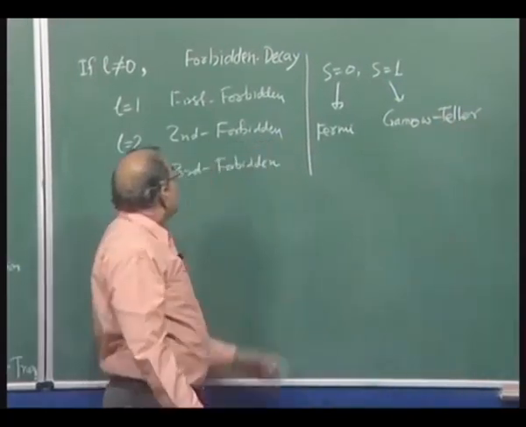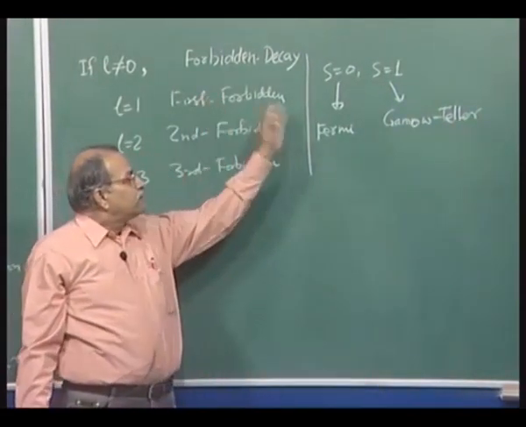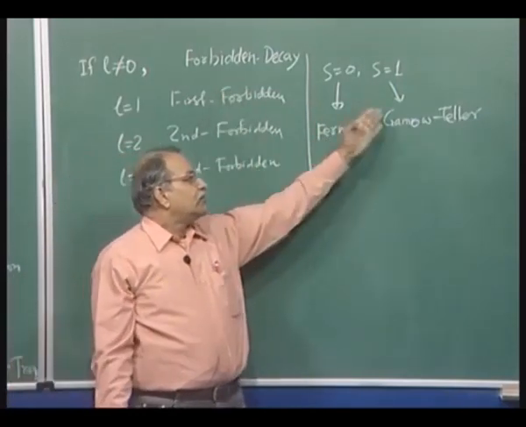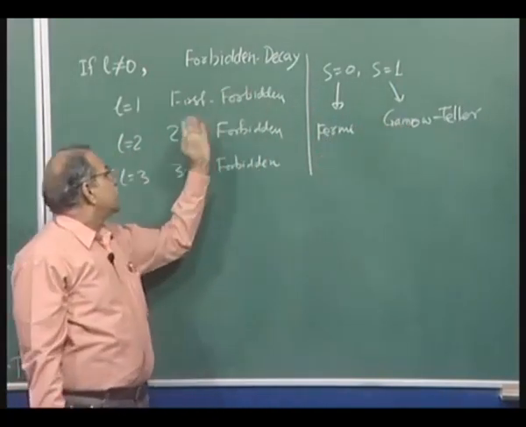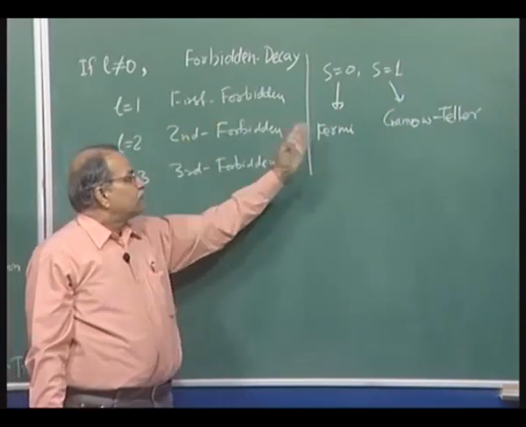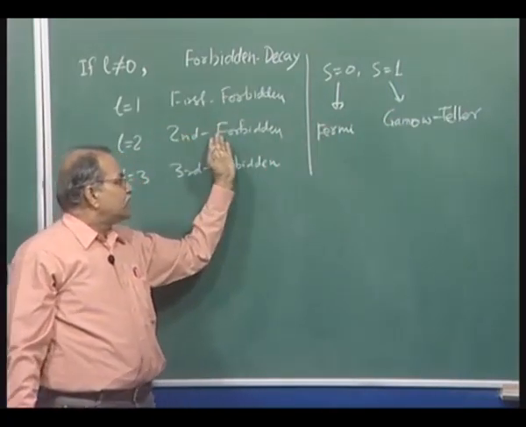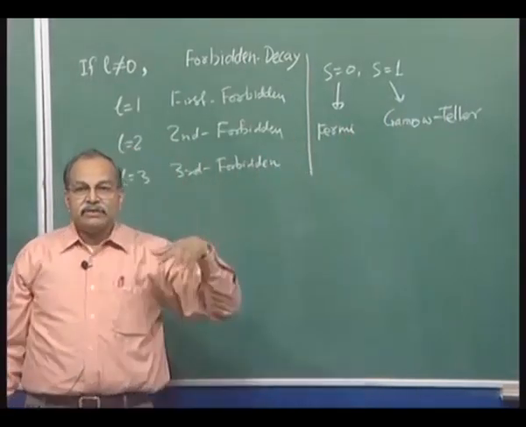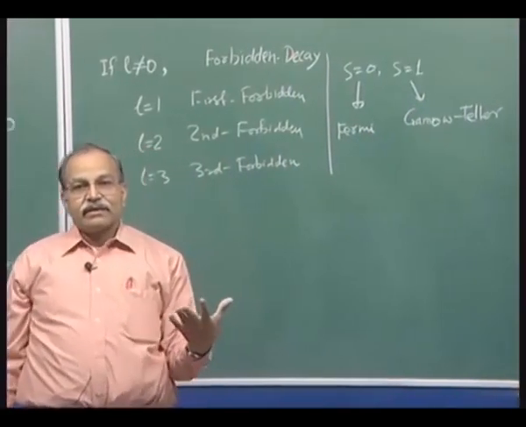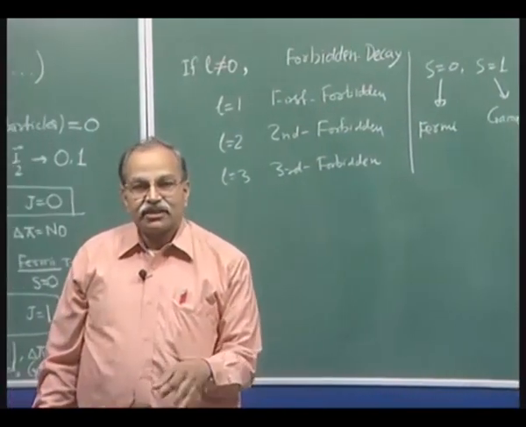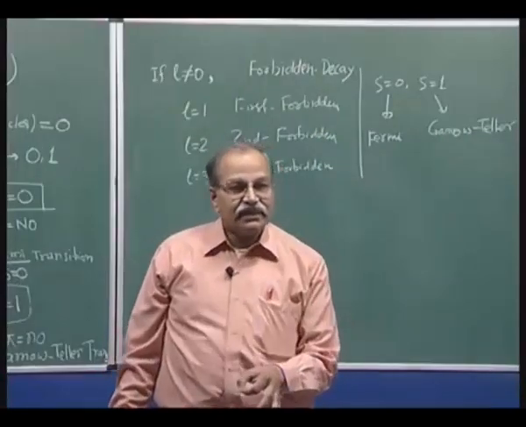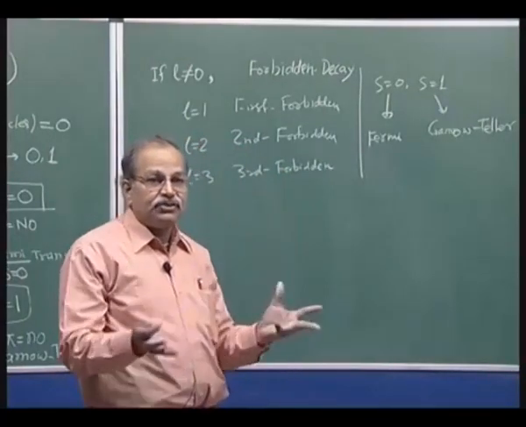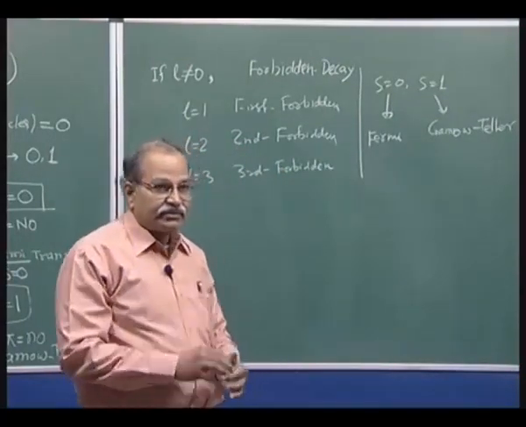So, you can have first forbidden Fermi transition or first forbidden Gamow-Teller transition, or second forbidden Fermi transition, or second forbidden Gamow-Teller transition, and so on. This is how these transitions are classified in terms of small l and in terms of the S of these two outgoing particles.